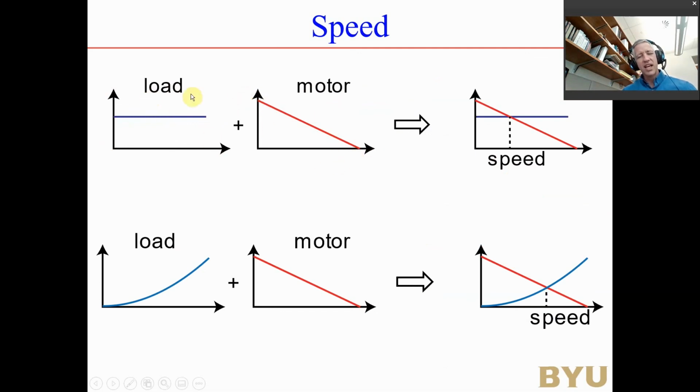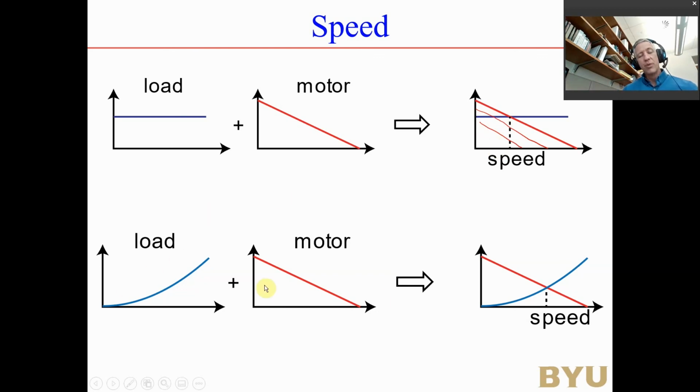If I put this constant torque load on this motor, I have to find the interaction, the coupling between the two, and that's going to be the speed that it operates at. So if I have a constant torque this way and my motor has this torque speed relationship, this is going to be the actual speed of the system. If I want it to go faster or slower, I can change the voltage and change this plot, and then you can see that I'm going to get different speeds as I do that.